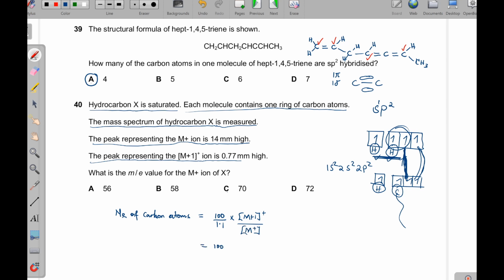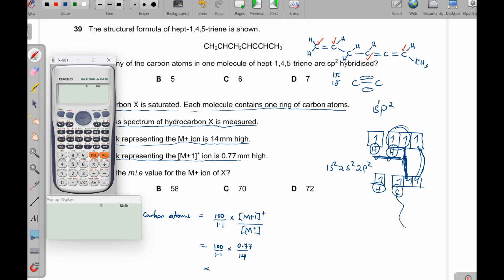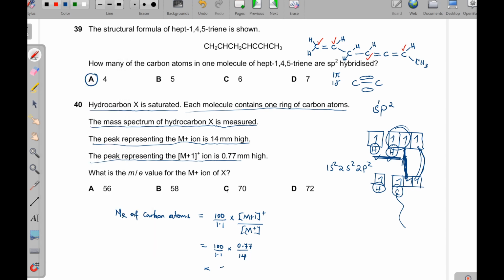So this will be 100 over 1.1, then times 0.77 over 14. So putting this in the calculator, what do we get? It gives us 5. So 5 carbon atoms.